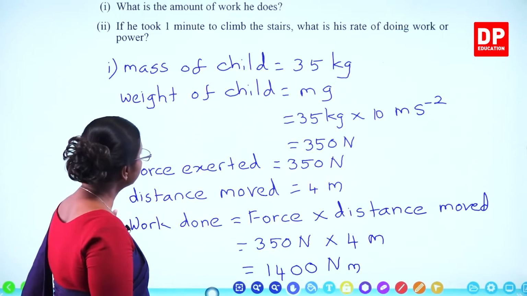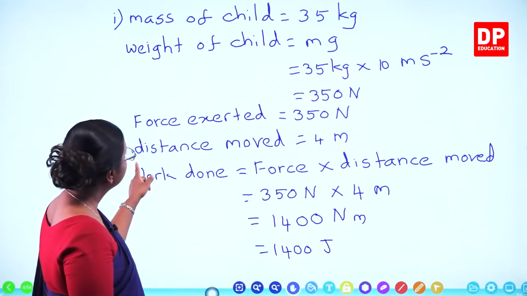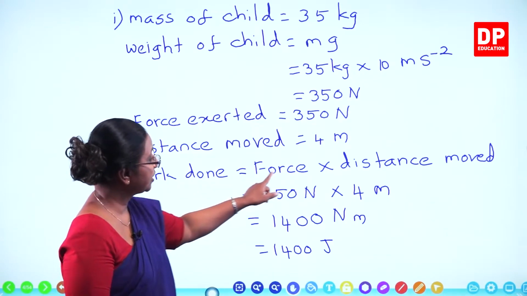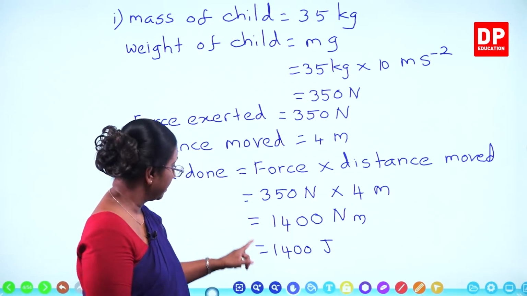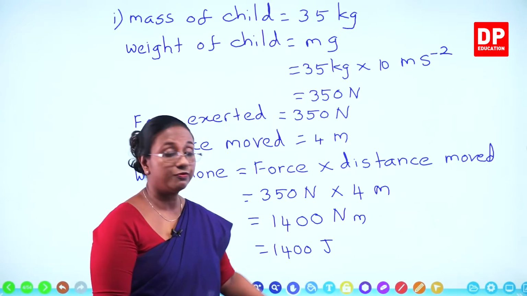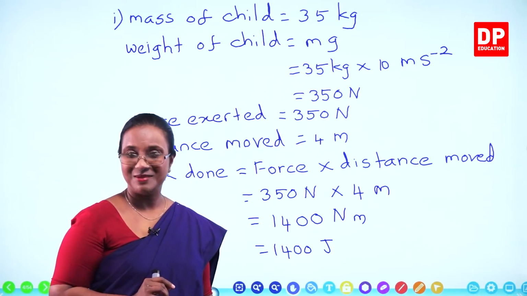That is the force exerted to do the work, to climb up the stairs. Distance moved is given as 4 meters. So work done, force into distance moved, 350 Newton into 4 meters. That is going to be 1400 Newton meters or 1400 joules. I am sure you have got that same answer.